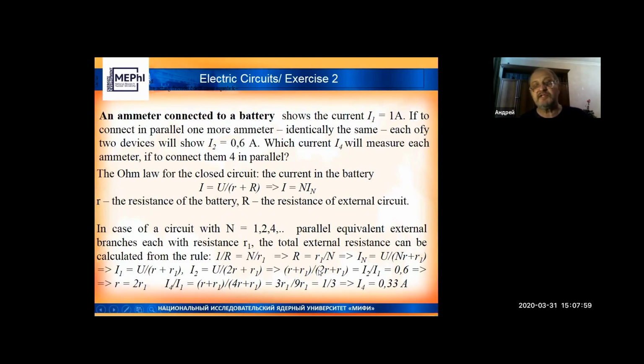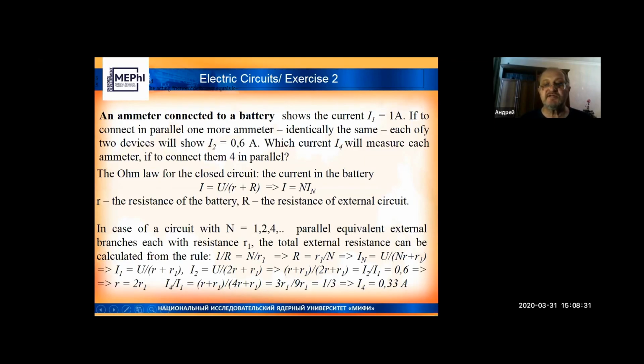Now I can solve the equation and find that the internal resistance of the battery should be equal to double the resistance of each ammeter in order to produce exactly this correlation. After I know this ratio, I may calculate the ratio of currents when 4 ammeters are used to the current where there was only 1. The result you see here, it will be equal to 1/3.